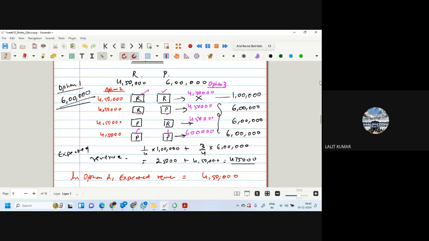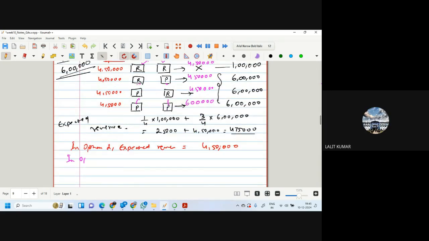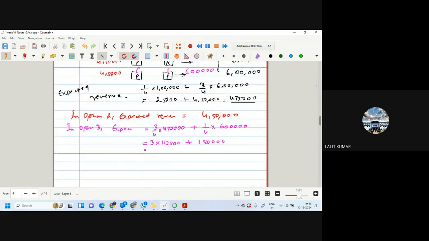Okay. So in option three, your expected revenue is equal to 3 by 4 into 4 lakh 50,000 plus 1 by 4 into 6 lakhs. So when you solve it, 3 into 4,50,000 by 4 is 3,37,500, plus 1 lakh 50,000.